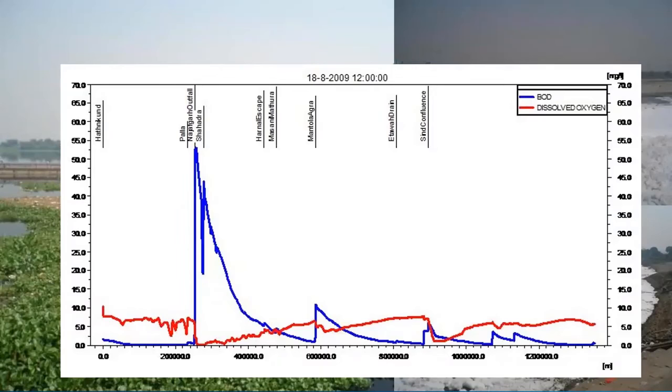So the oxygen goes from between 7 or 8 to 0, and that lasts for a few hundred kilometers maybe, until it's back at normal concentrations, and the next outfall is entering. And these kinds of models are well suited in rivers and can be used to assess changes in population density or treatment facilities.